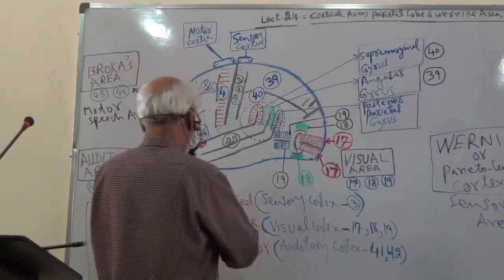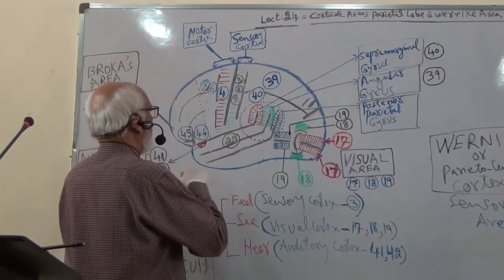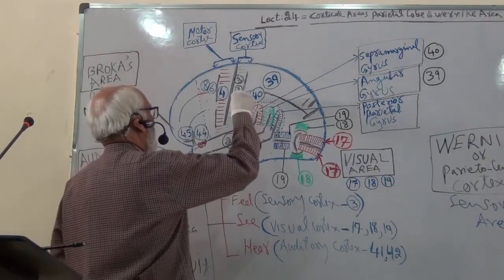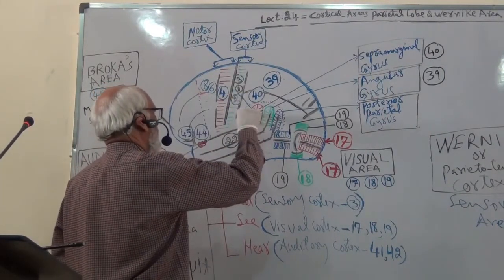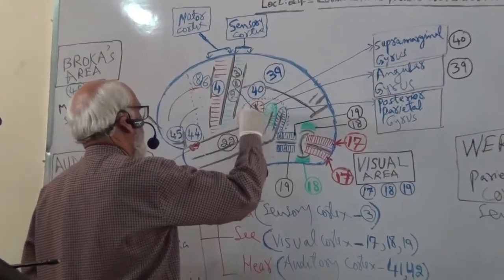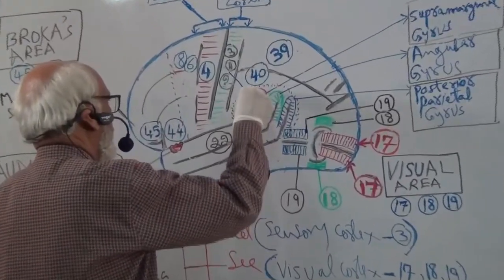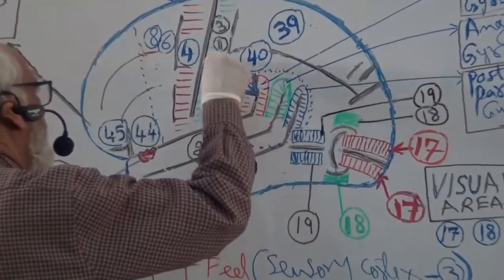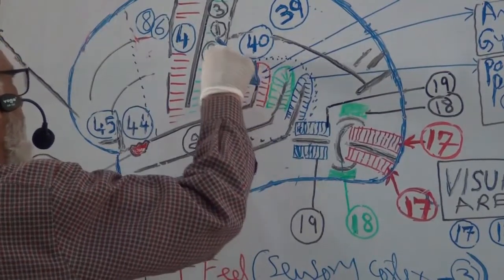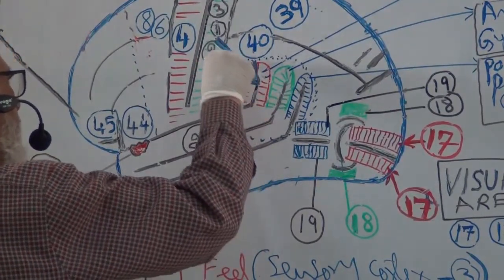So, fibers from the sensory cortex: the sensory cortex is connected to Wernicke's area by a bundle of nerve fibers.